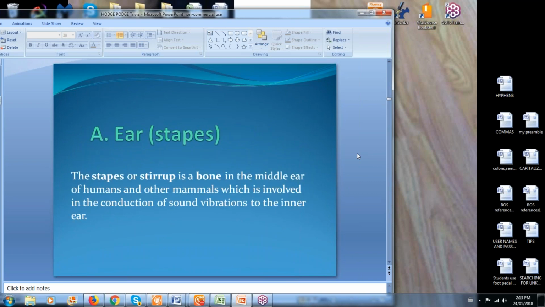A, ear, stapes. Stapes or stirrup is a bone in the middle ear of humans and other animals, which is involved in the conduction of sound vibrations to the inner ear. Does anybody know the name of the other couple of bones that are right beside the stapes in your ear?